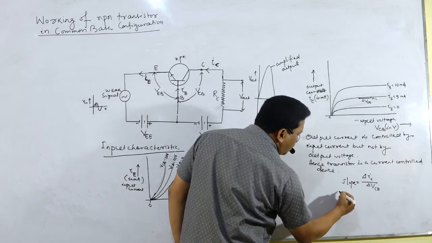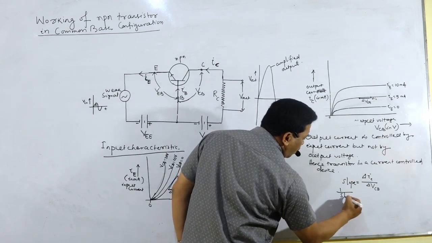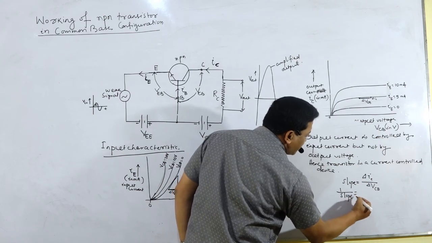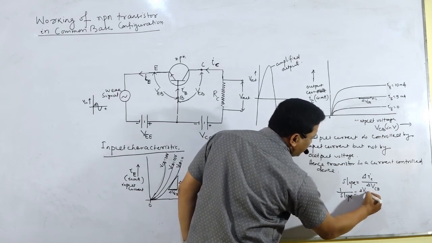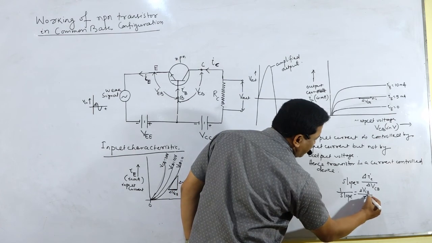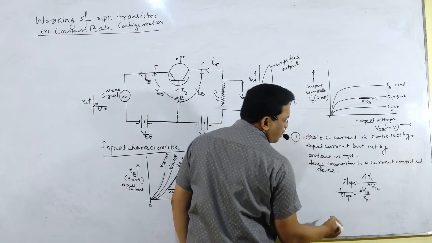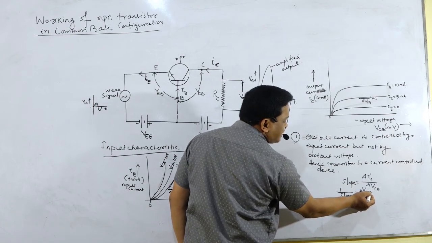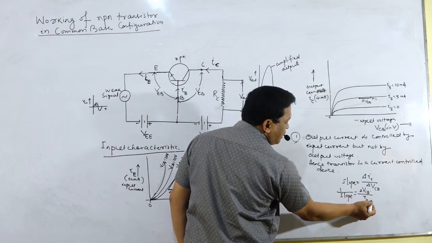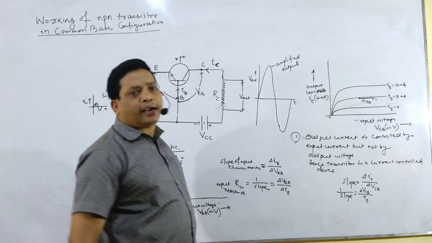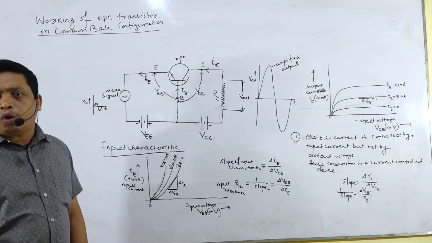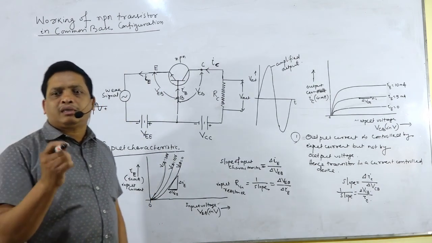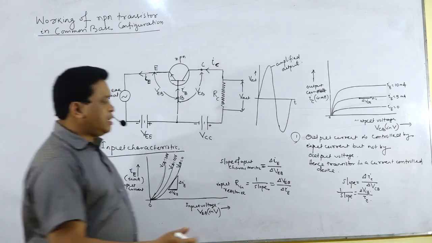Therefore, when you find the reciprocal of the slope of output characteristic, that is equal to delta VCB by delta IC. Here the numerator is output voltage and the denominator is output current. The ratio between output voltage and output current is called output resistance.